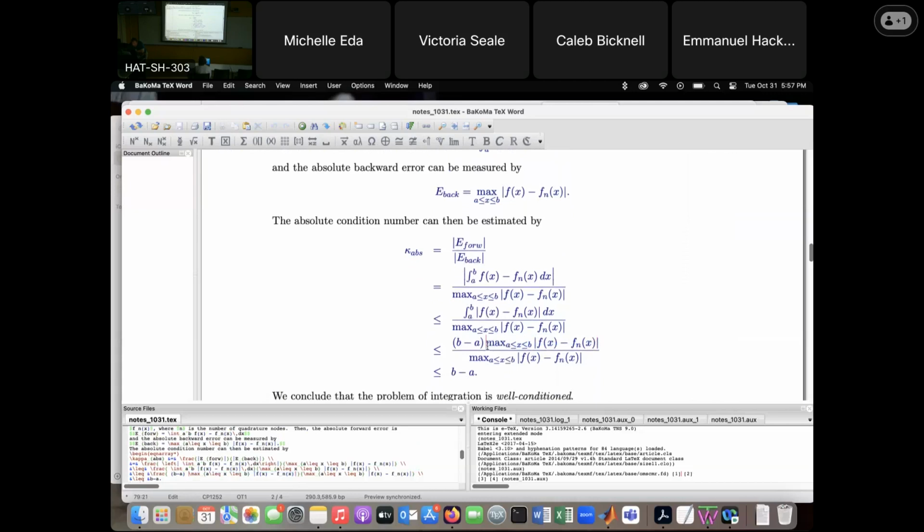But then these cancel. So we can say that the absolute condition number is less than or equal to b minus a, the length of the interval. That's quite nice, because it means that numerical integration is a well-conditioned problem, which isn't really surprising considering that we found differentiation to be ill-conditioned.